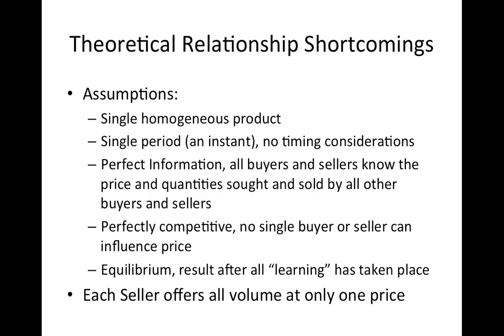Part of that is that this is a market model for a single homogeneous product, and it really is intended to speak to what the price and quantity sold in the total market is. There is an implication in there about who's going to sell what that maybe isn't explicit.